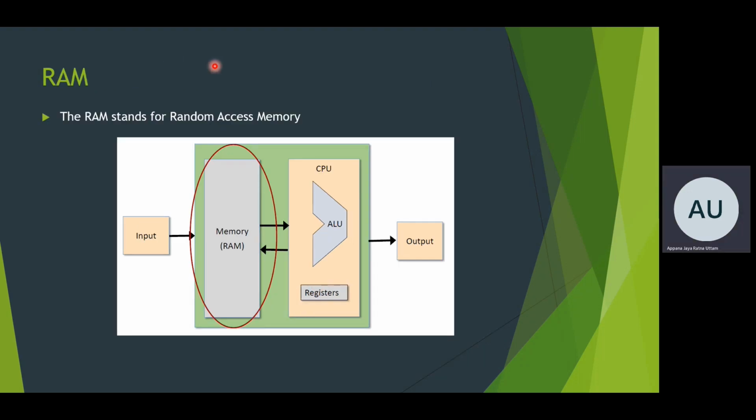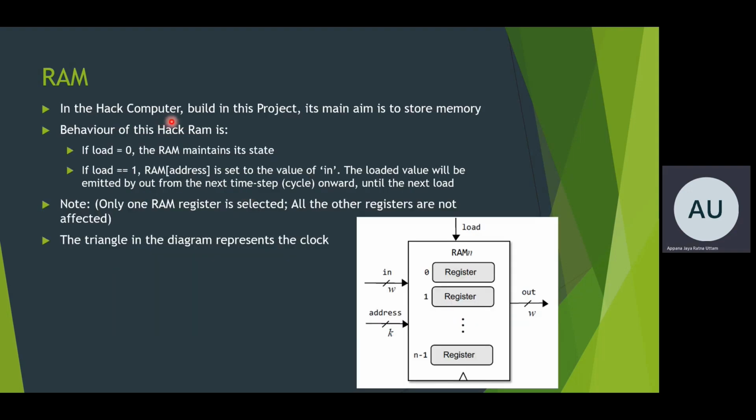The RAM. RAM stands for random access memory. The first part after the input is called the RAM. It's the memory unit, and in the Hack computer built in this project, the RAM's main aim is to store memory. The behavior of Hack RAM depends on the load. If you load 0, the RAM maintains the same state, so whatever data was present in the previous state remains the same.